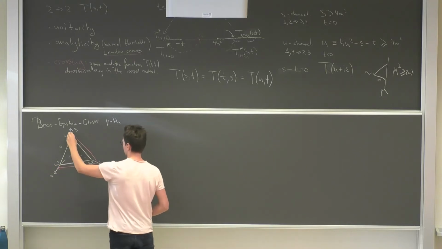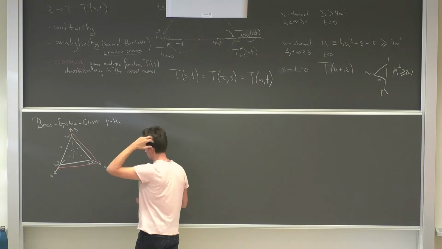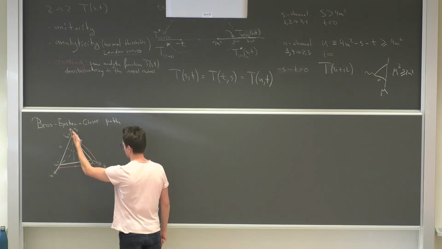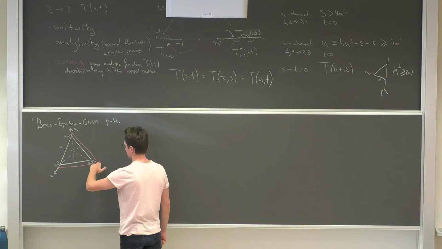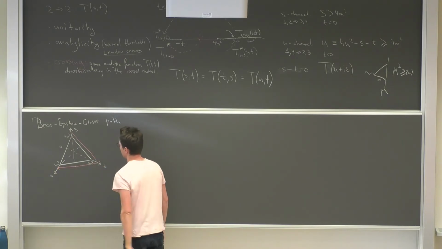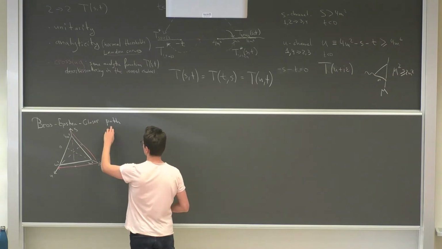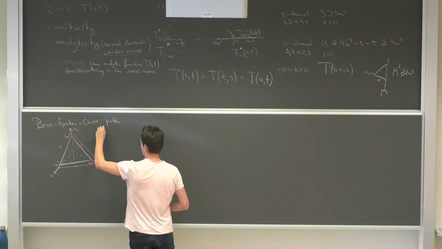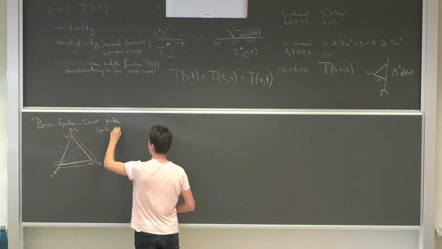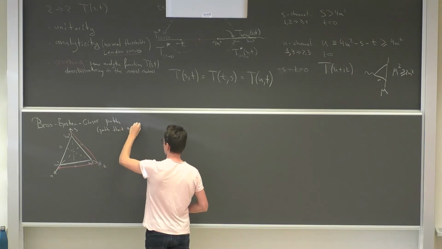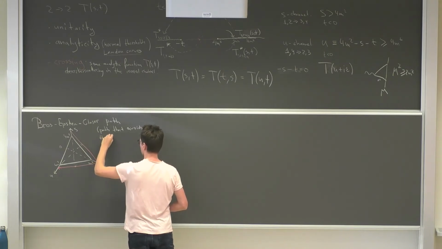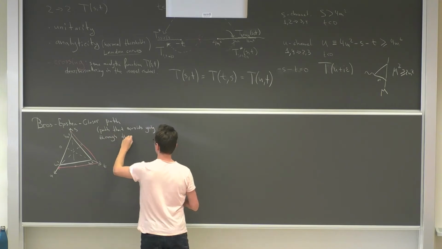What I mean by this, I first say here, I keep, say, U fixed and I continue in the upper half plane of S, and then I keep S fixed and I continue like this. So, and the idea is that if you have Bros-Epstein-Glaser path, it's a path that avoids going through this question mark region.